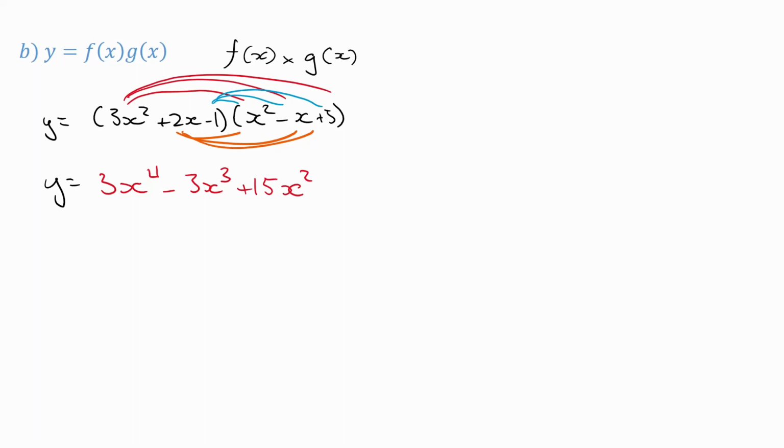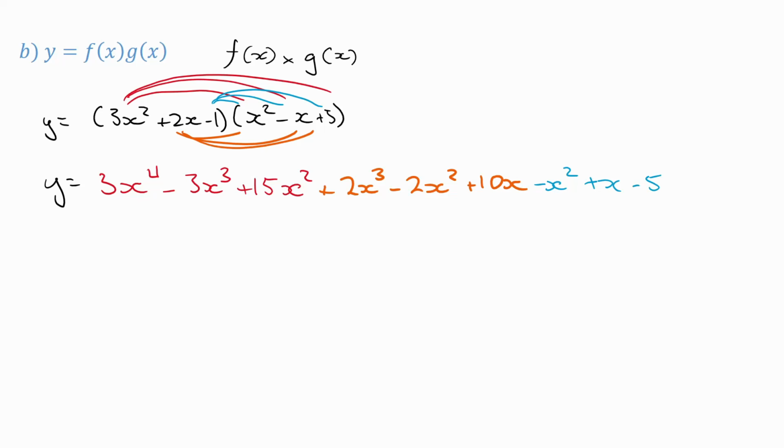We'll then go to orange. 2x times x squared is 2x cubed. 2x times negative x is negative 2x squared. And 2x times 5 is 10x. Then we go to our last color, blue. Negative 1 times x squared is negative x squared. Negative 1 times negative x is positive x. And negative 1 times 5 is negative 5.